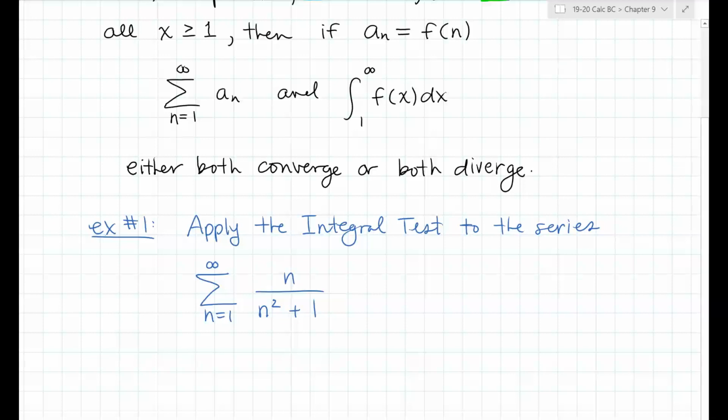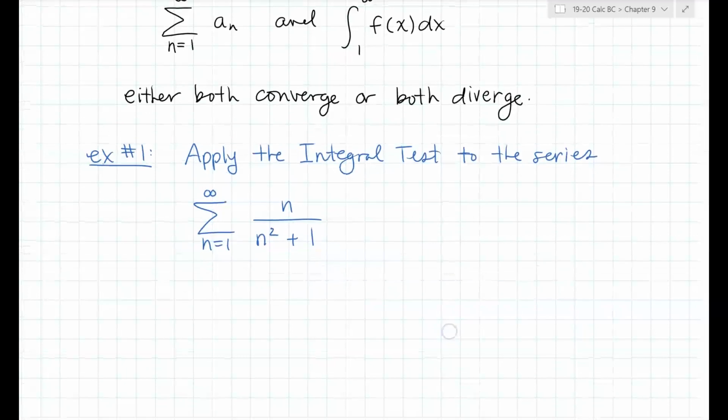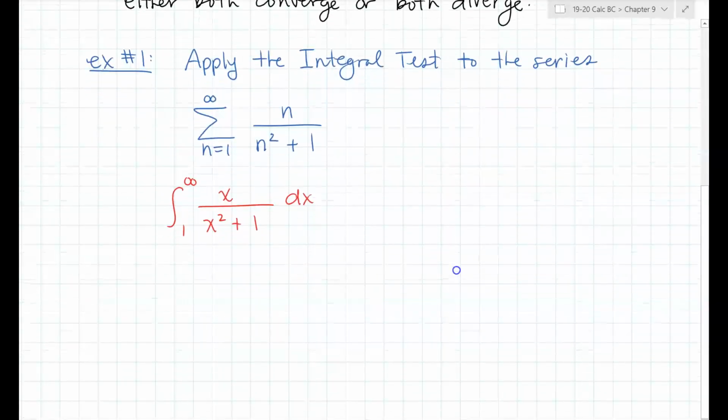So all I have to do is check the integral for this function and see if it actually has an answer or not. So I'm going to integrate from 1 to infinity of x over x squared plus 1 dx. Now, I know that I can do u substitution for the bottom, an x squared plus 1, but my derivative will be a 2x. So let me just apply this really quick so you can see what you would have to do.